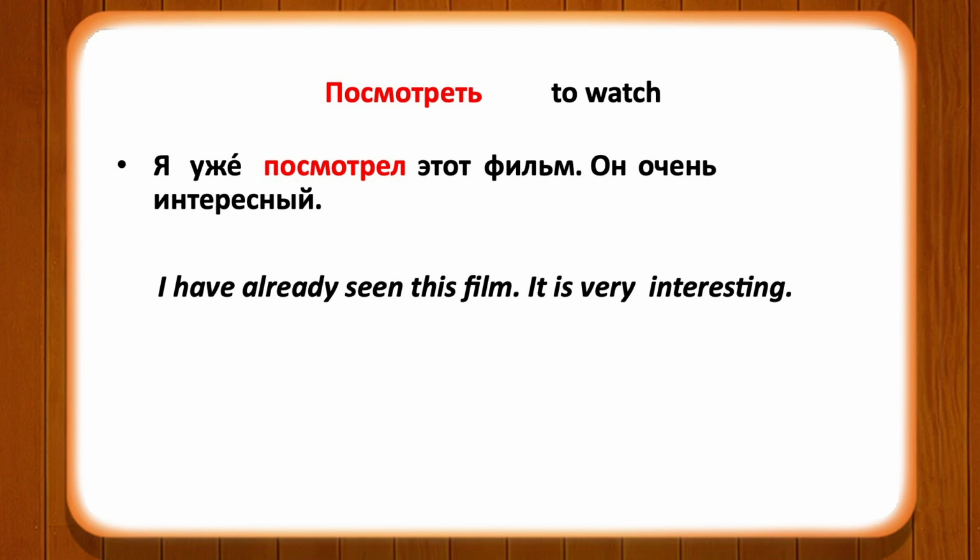It is very interesting. Here, the past tense form of the verb посмотреть is a perfective aspect verb. Посмотреть means to watch. Смотреть, посмотреть. The perfective aspect verb посмотреть. Я уже посмотрел этот фильм. That I have already watched this film. Он очень интересный.